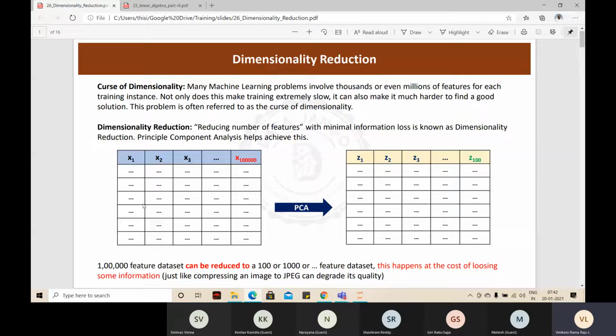Obviously, before we apply eigenvector eigenvalue decomposition, we should be converting this matrix into a square matrix. First thing, from the linear algebraic point of view, if you want to apply eigenvectors. Why do you want to apply eigenvectors? You want to extract the essence from this data set and try to create a smaller data set.